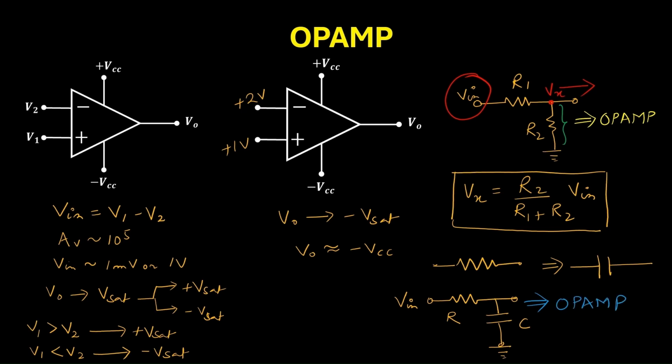In such type of situation, you use the impedance of a capacitor in the place of R. So let's say this is the Vx, then Vx will be equal to Xc divided by Xc plus R into V in.